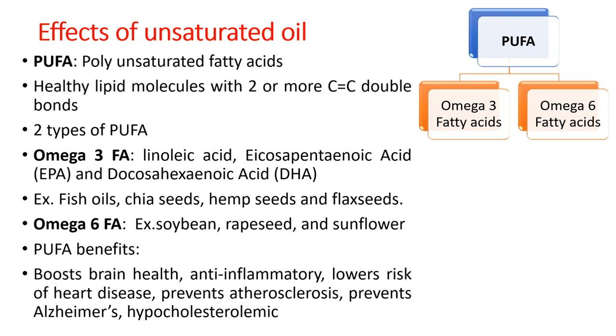It also prevents Alzheimer's disease and also acts as a hypocholesterolemic, that means it lowers the cholesterol level. That is the reason the oil we choose for our normal cooking purpose should be enriched with PUFA.